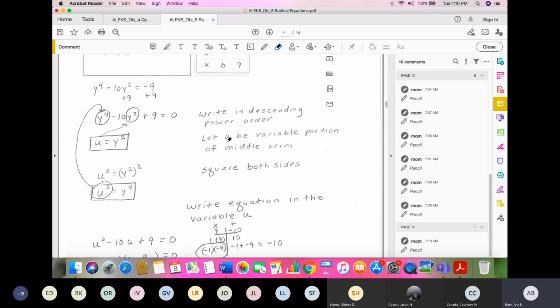We just know that this works. We let u be the variable portion of the middle term. The terms are added. So this is term 1 plus, this is term 2 plus 9 is term 3. The middle term. And it's got to be written in descending power order, like this is. The middle term is right here. The variable portion. The variable means there's a letter in it.